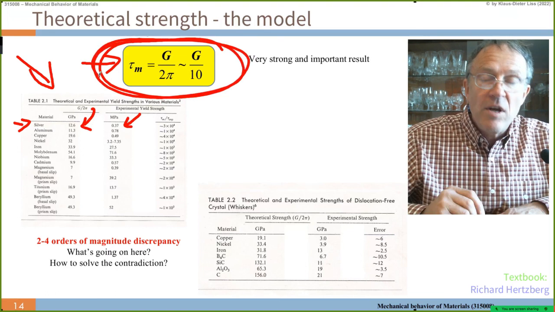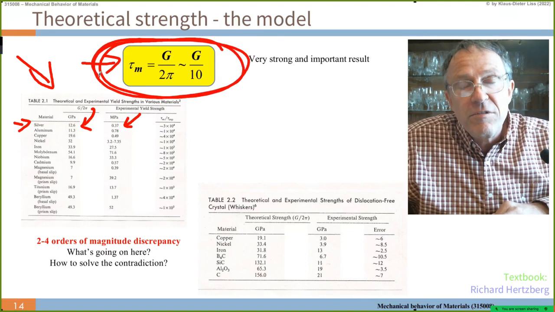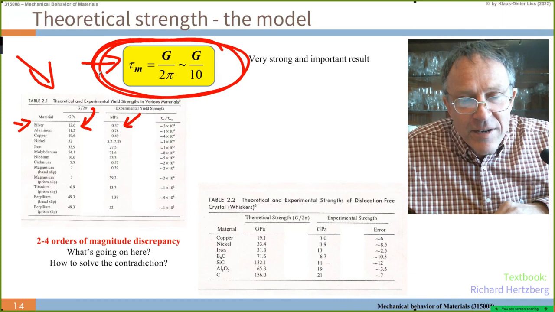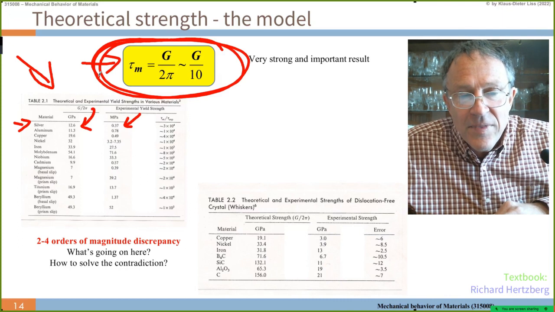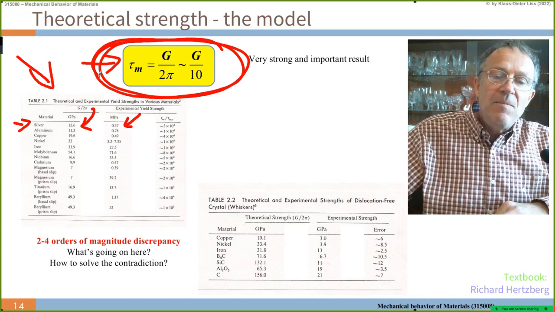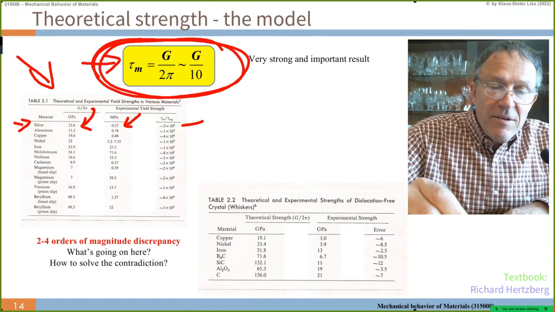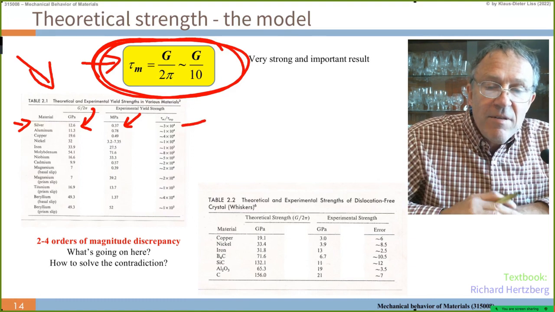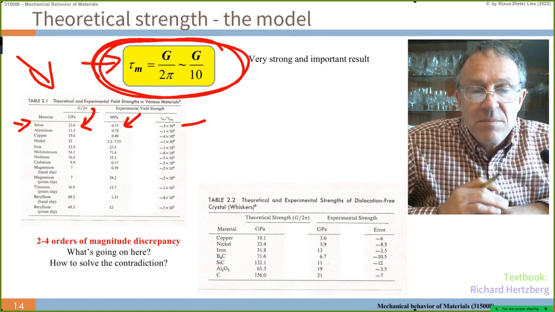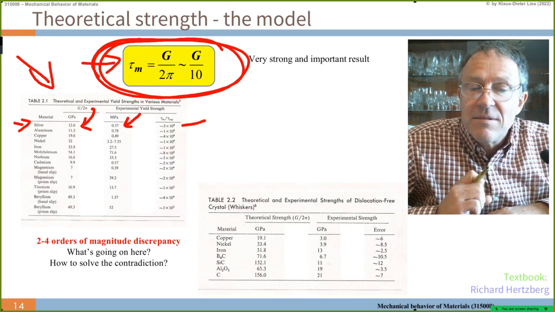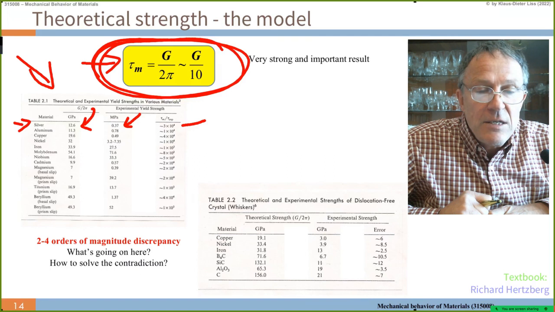So even if we are a factor of 2 wrong, or factor of 3, or even factor of 5 or 10 wrong, experimentally we measure much weaker. We measure about 3 times 10 to the 4th weaker maximum shear stress than the modeled shear stress. So for silver it doesn't work.